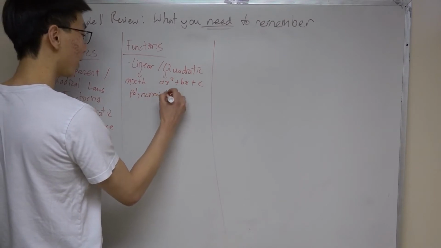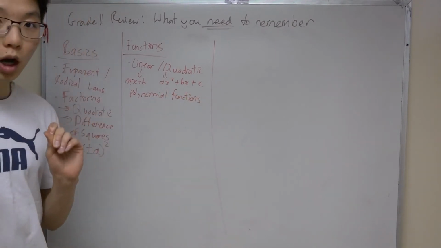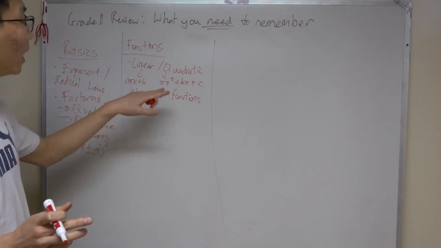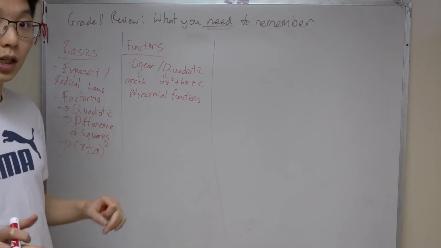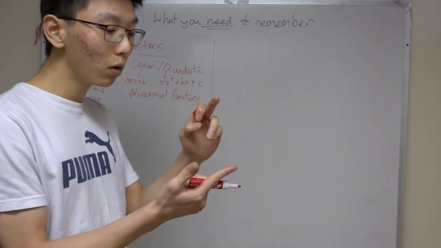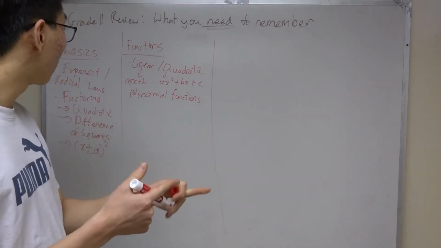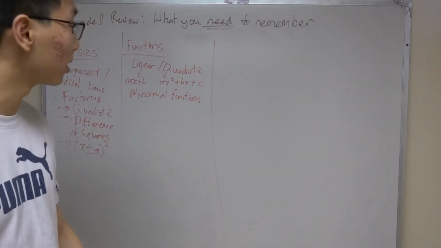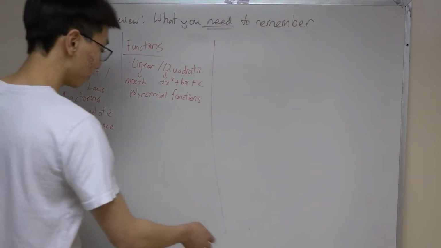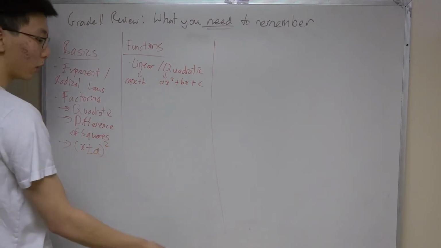Don't need to know that right now, but you should be 100% clear on how to do anything regarding quadratic functions and anything regarding linear functions. This includes graphing, knowing how to find the function from the graph, and for quadratics you might want to be able to factor or solve for x, things like that. So this is really, really important.